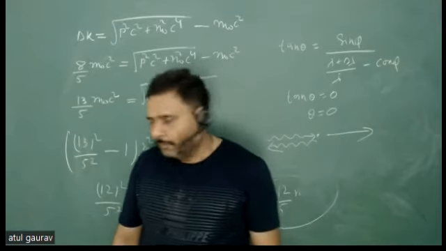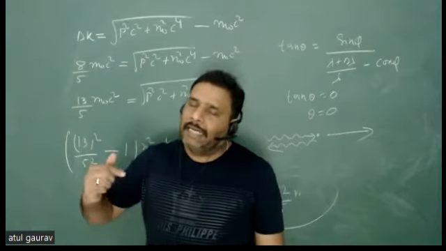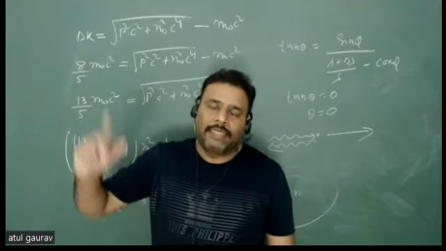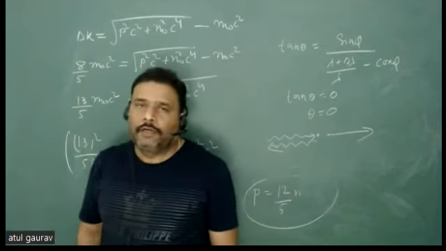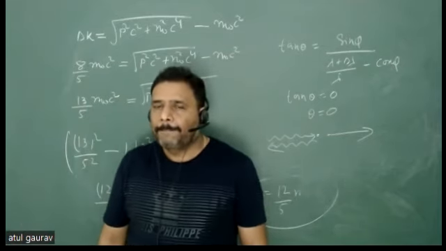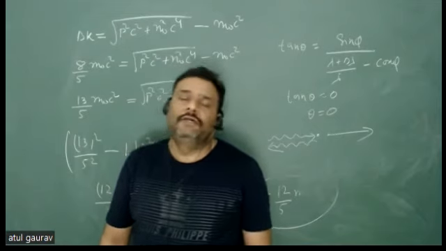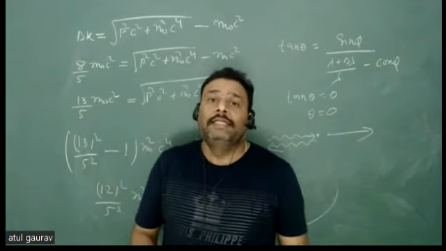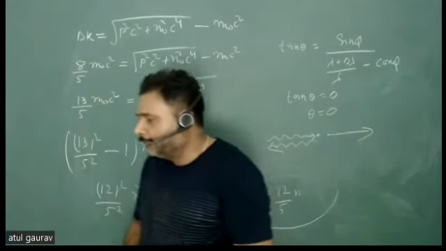True, sir. True. The energy difference between incoming radiation and scattered radiation is equal to the total energy of the electron. True or false? False. They are equal to what? Kinetic energy of the electron. You should keep this in mind.